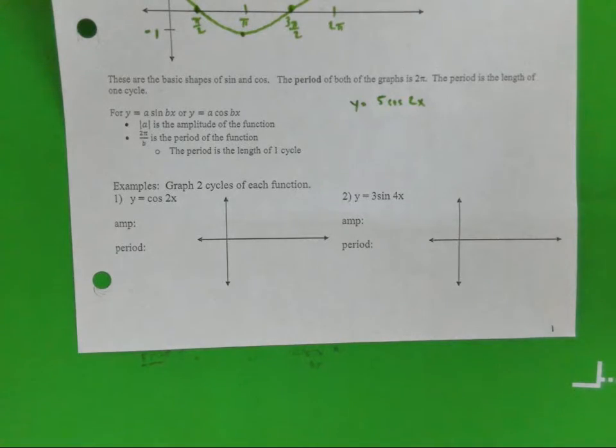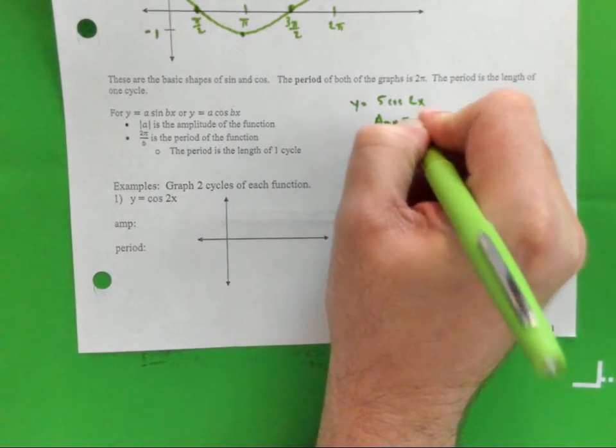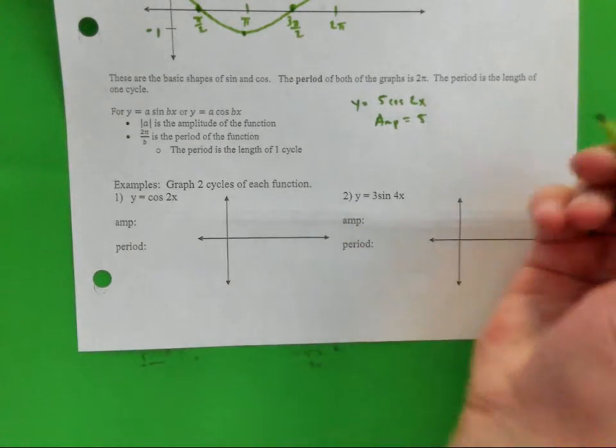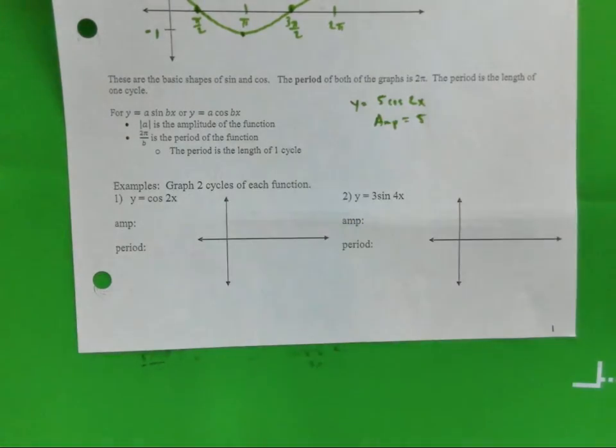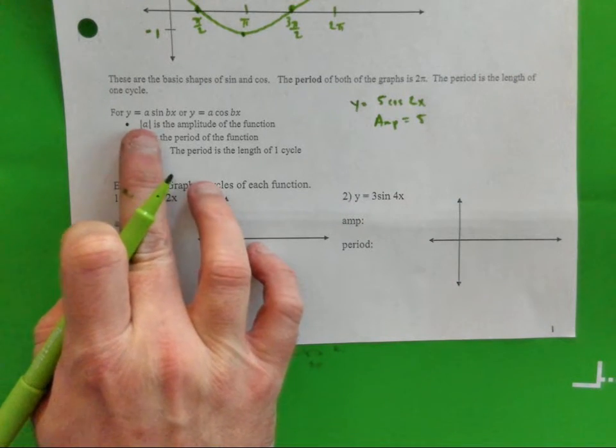So for this one, I would put amp equals 5. If that had been negative 5, my amplitude, absolute value of negative 5, is 5, okay? The negative would just help you in reflecting the graph, okay? Now, so there's your note. Absolute value of A is the amplitude.